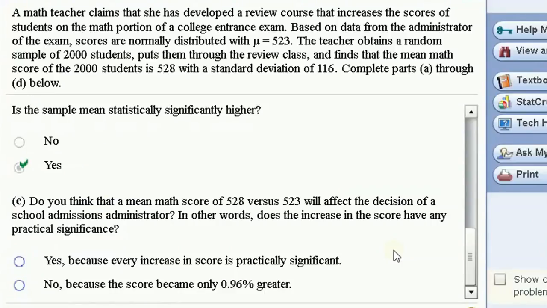So, although there's statistically significant evidence that this teacher's review course does improve math scores, raising the mean from 523 to 528 probably is not very important. So this is an example of when something can be statistically significant, although not practically important. So significance and importance aren't the same thing.